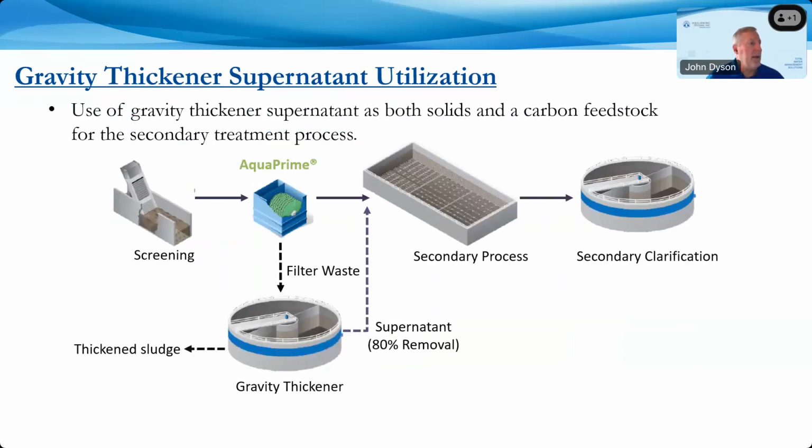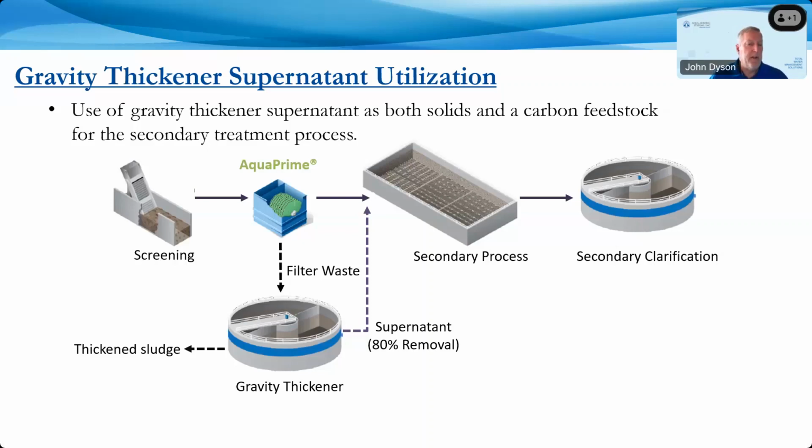Another option is what you saw with the Four Rivers installation. You can treat that flow, the filter backwash, settled solids waste, send that to the gravity thickener as we're planning there, and allow that to thicken. We found in some testing that we've done in terms of settling characteristics that we'd expect about an 80% removal, maybe a little bit higher, of the solids in the supernate coming off of that.